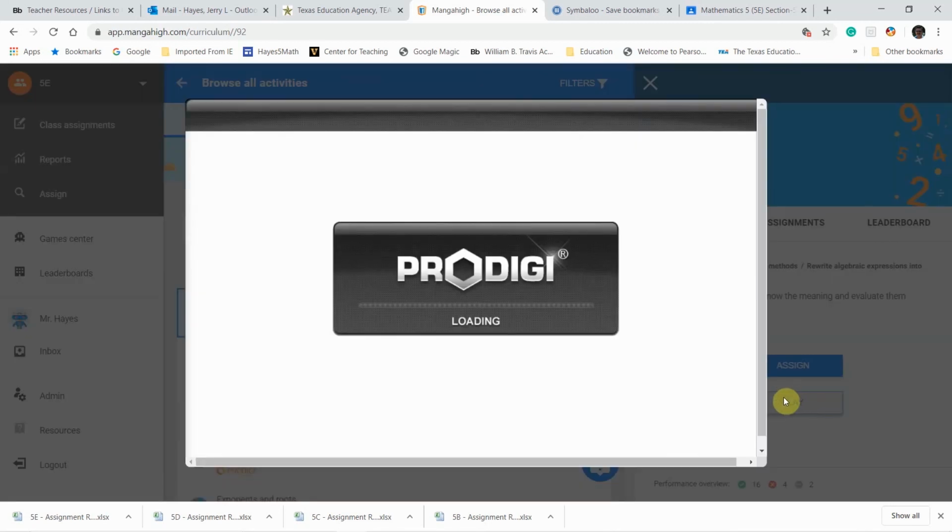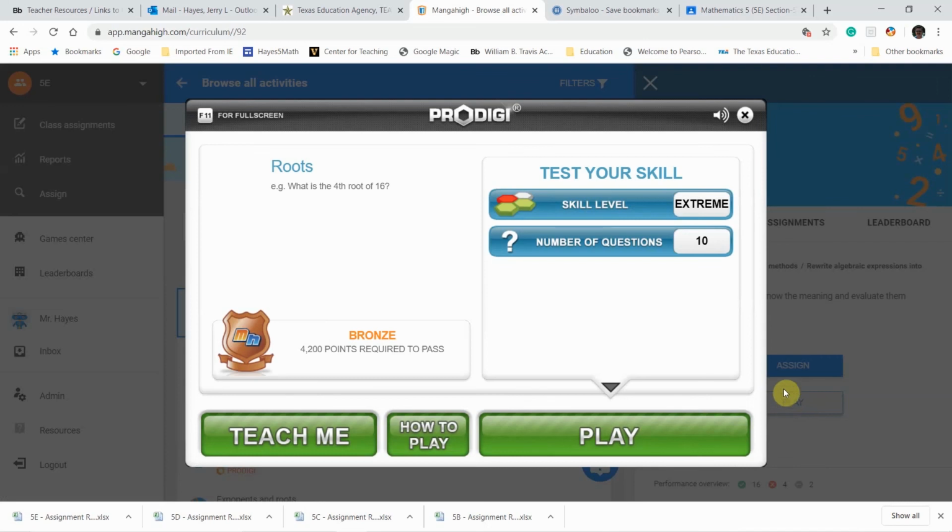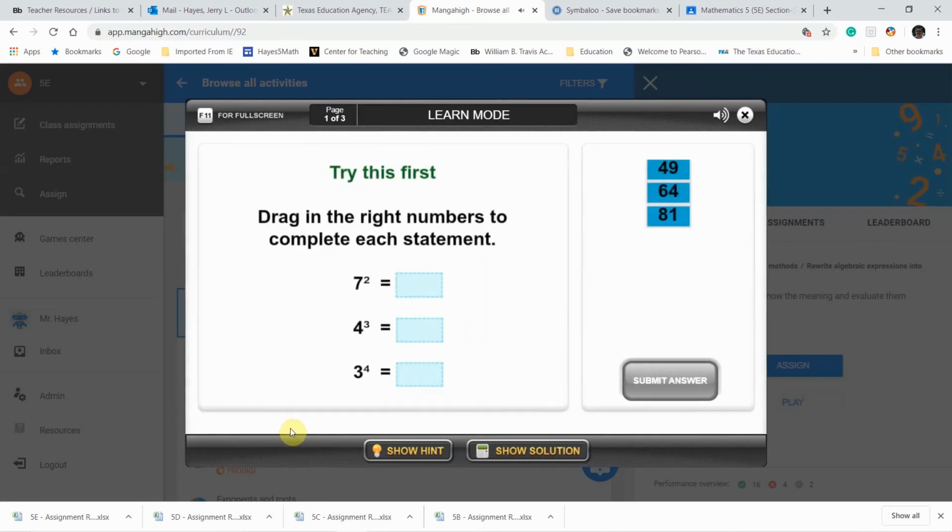I want to show you something here. Okay? Now, if I don't know how to play this, I can ask it to show me, to teach me. And if I click on there, it gives me these things to give me a chance to figure it out. What's 7 to the second power? What's 7 times 7? Is that 49? What's 4 to the third power?